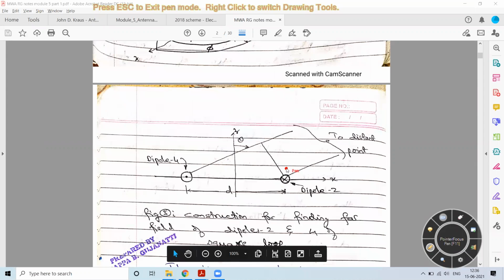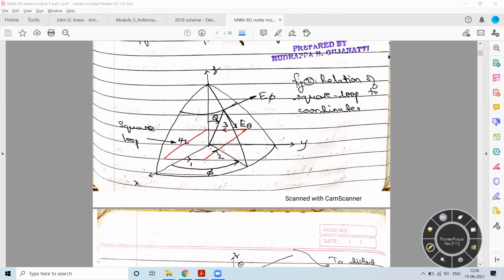You might recall that we had observed a dipole system wherein plus and minus is present, and when the charges are exchanged with each other, the fields get radiated. That is what is happening in this case.